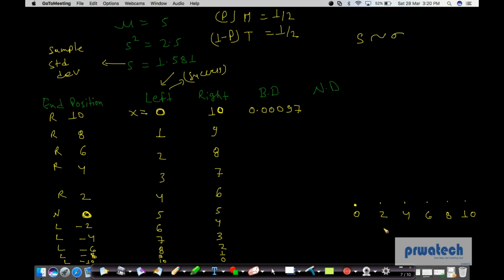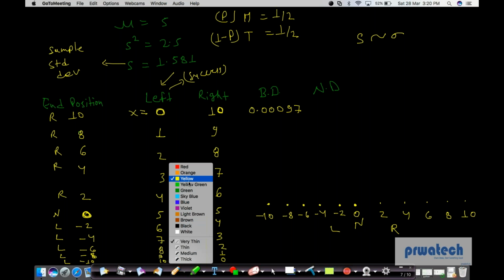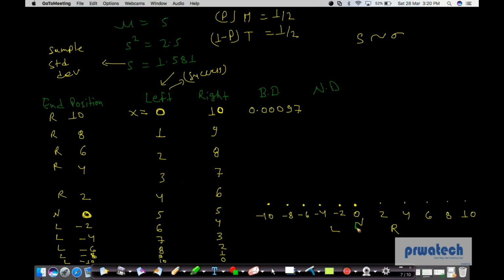This is towards right, and minus 2, minus 4, minus 6, minus 8, minus 10. This is towards left. I've just written the end position there. Okay, and this is my neutral area. Let me highlight this.